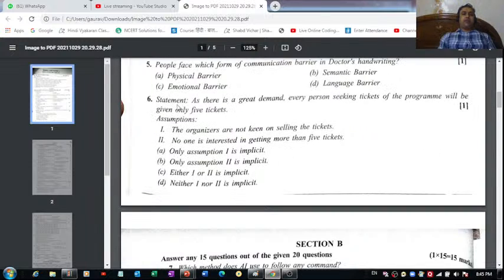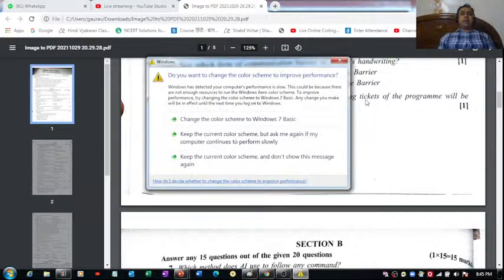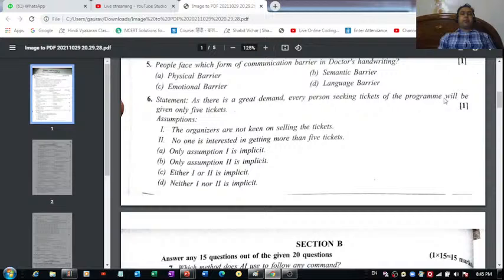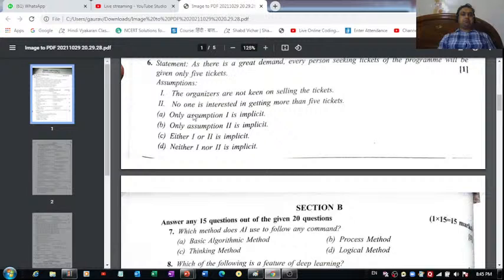Then we have question number 6. There is a statement given to us, and then there are two assumptions. As there is a great demand, every person seeking tickets of the program will be given only 5 tickets. So because there is a high demand, every person will be given only 5 tickets. Then assumptions. The organizers are not keen on selling the tickets. That's the first assumption.